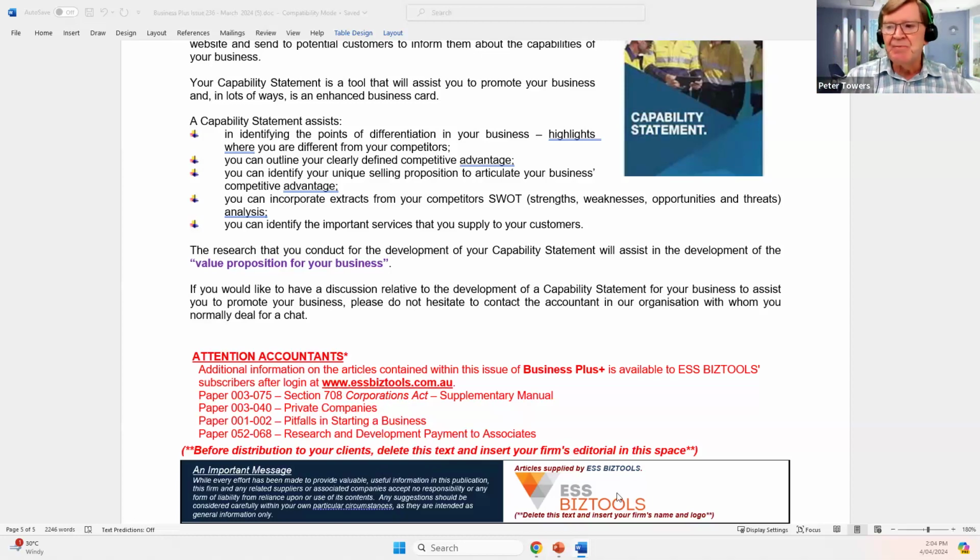We suggest you remove that before you send it to a client. You also remove the ESS BIZTOOLS badging there and put your own. And you could fill that space up if you wanted to. Some of our subscribers do, especially those in regional and country areas, because there's always other activities on in those areas.